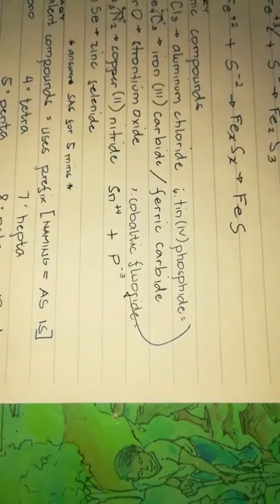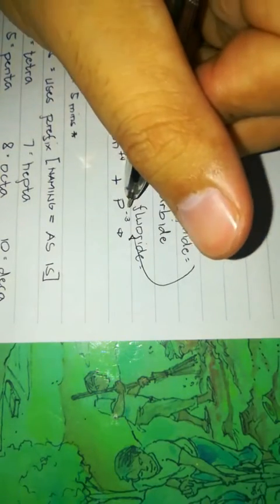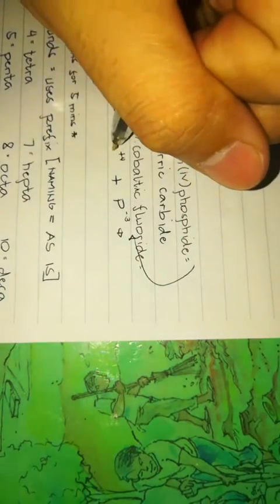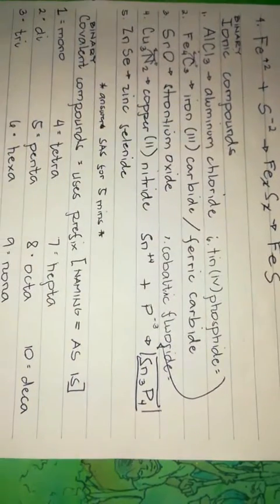Okay? Next. So, ang mangyayari is mag-exchange sila. Yung 3 mapupunta kay Sn, yung 4 mapupunta kay phosphorus. So, it will become Sn3P4. So, this is our chemical formula for tin 4-phosphide.